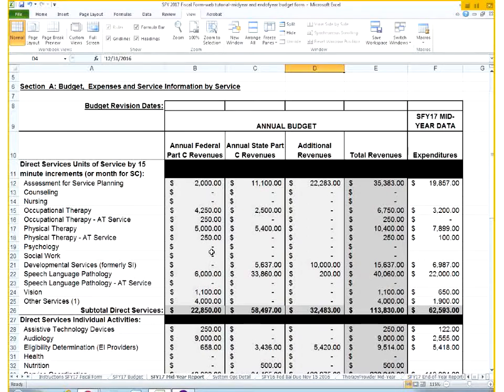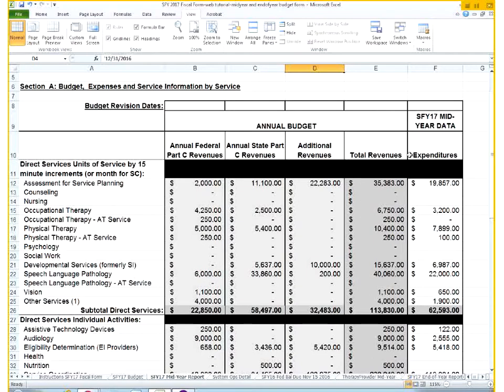Your annual federal Part C revenues, annual state Part C revenues, as well as your additional revenues are going to pull from your initial budget. That is true for your direct service units, your direct services individual activities, as well as systems ops and your revenues by source. Total revenues, this column, is going to be pre-calculated, pulling from these three columns, and the spreadsheet will automatically total the revenues here.